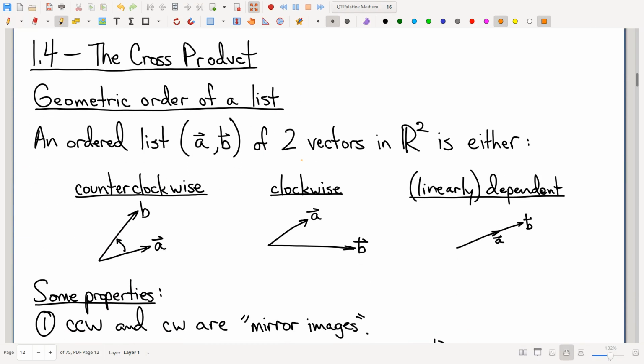New topic. This is a big one. There are some really mysteriously connected ideas involving cross products and determinants and certain geometric ideas that are kind of hard to explain in advance. But we're going to talk about all these various connections.